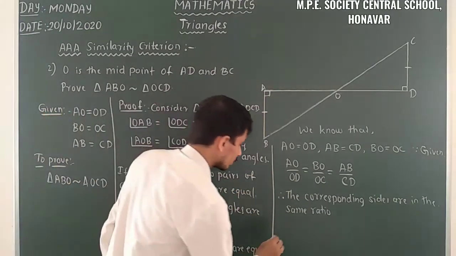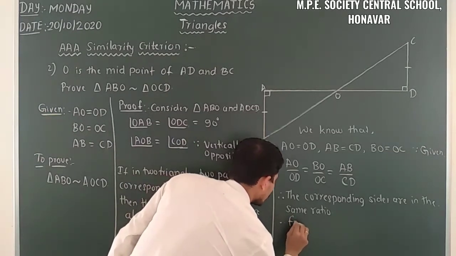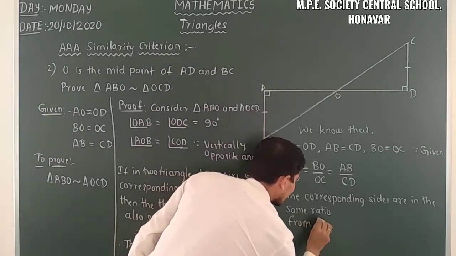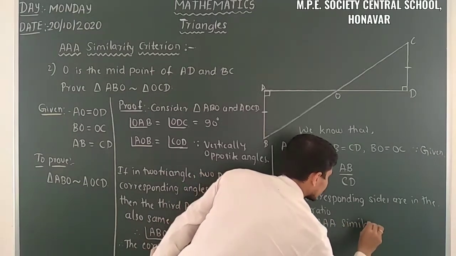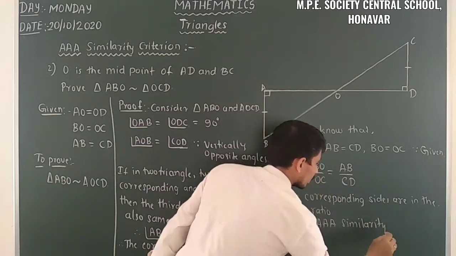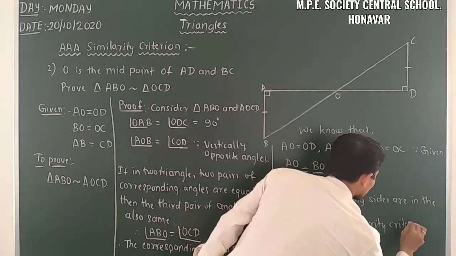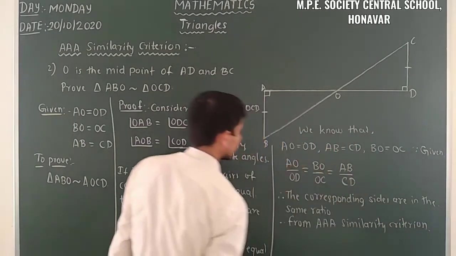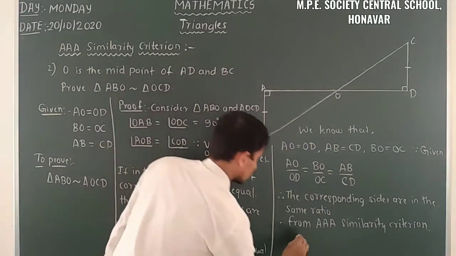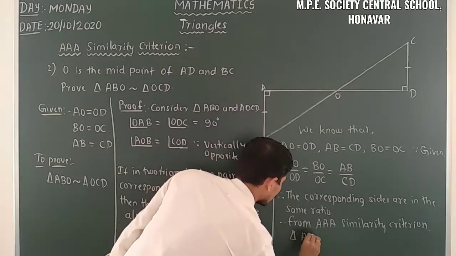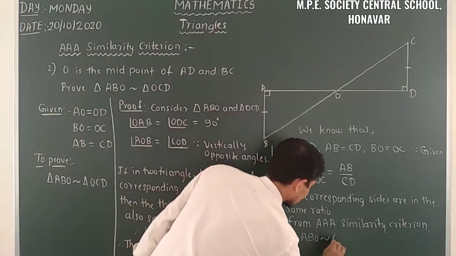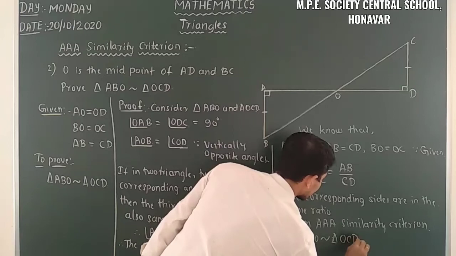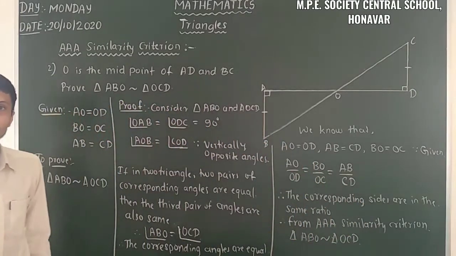That is, from the AAA similarity criterion, we can take triangle ABO is similar to triangle OCD.